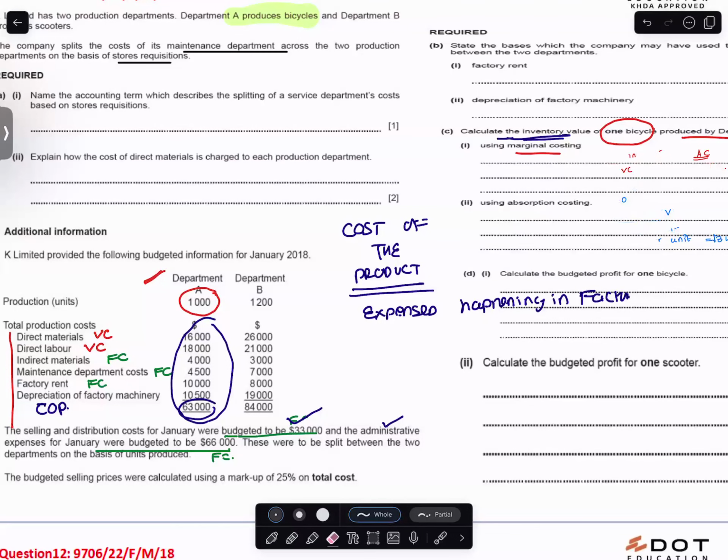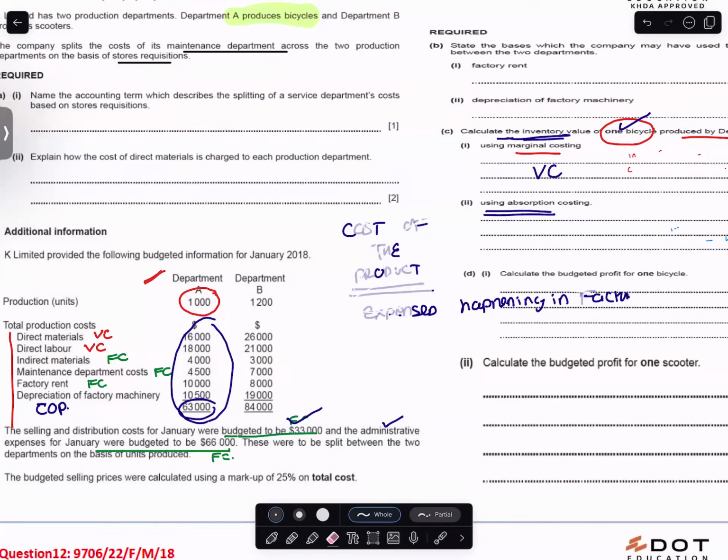They are asking you the cost of one bicycle using marginal costing, you did as per the variable cost. Now using absorption costing, what would be the cost of one bicycle? Absorption costing takes which cost into consideration? Total costs.